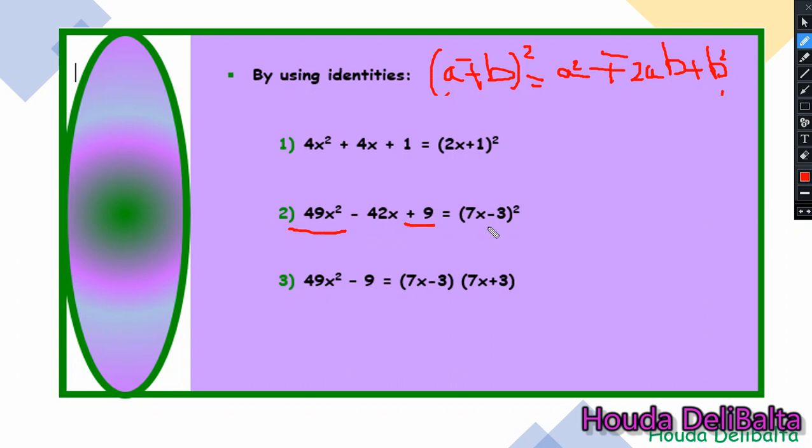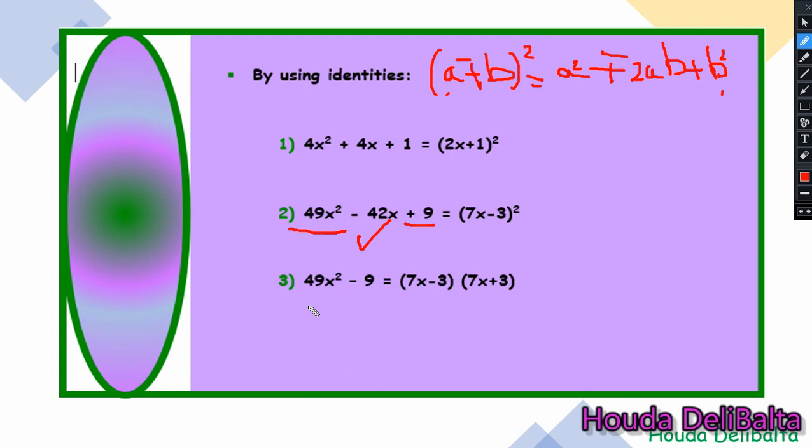And I put minus between them because there is a minus sign in the middle. Now let's make sure if this factorization using the identity is true. So all what I have to do is to multiply the first term 7x by 3, it's 21x, by 2 in my mind using the rule here, it is 42x, which is true.